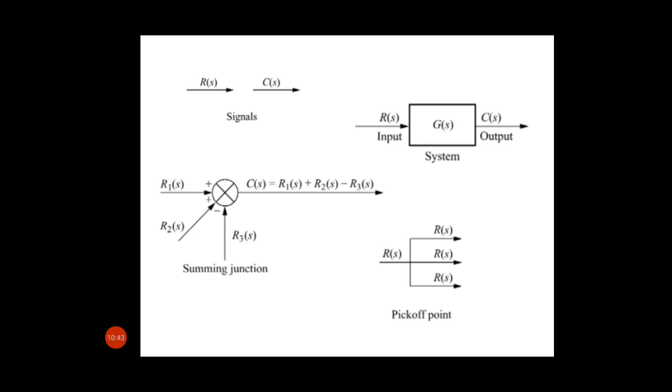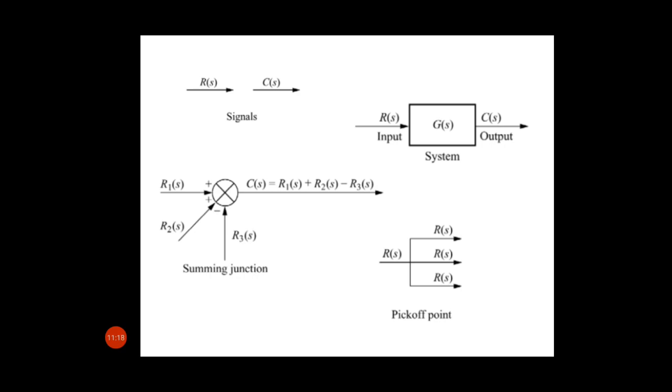As I already told earlier, a block diagram is a pictorial representation of each and every component in a control system. So if a control system is given as a block diagram model, that is identification of all components in blocks, signal flow, summing points and branch points.